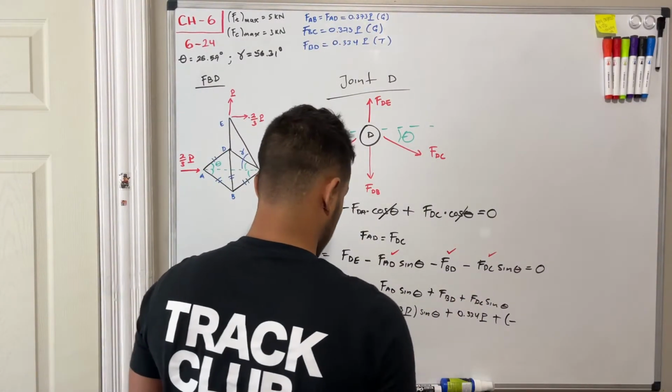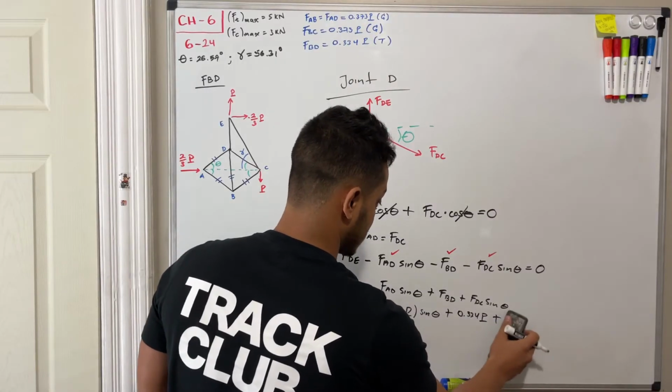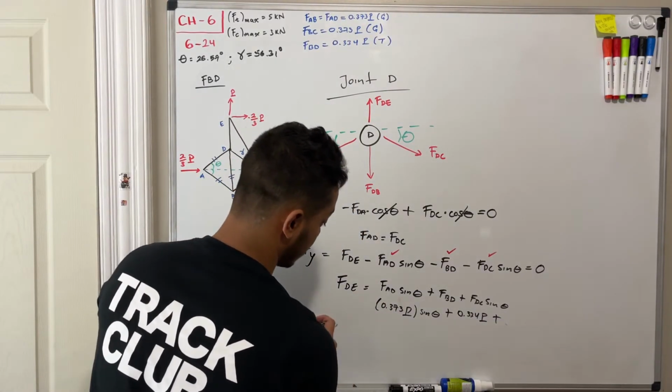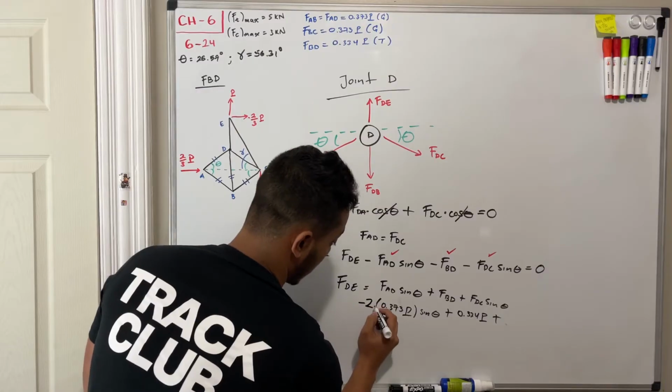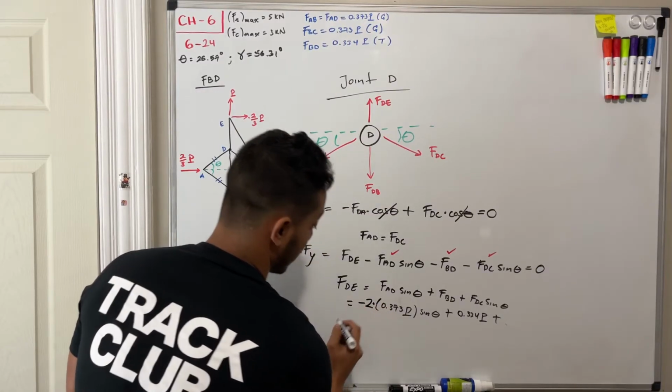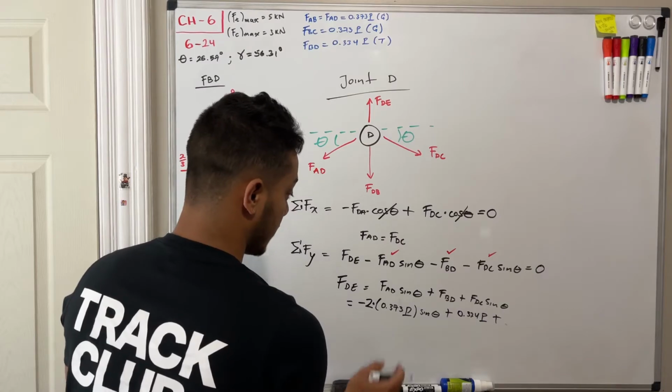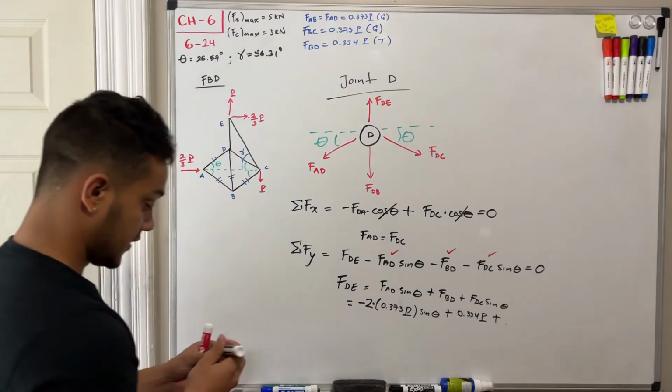So basically what we can do is multiply this guy over here in front. So negative 2 times, okay? Because AD is the same as DC.